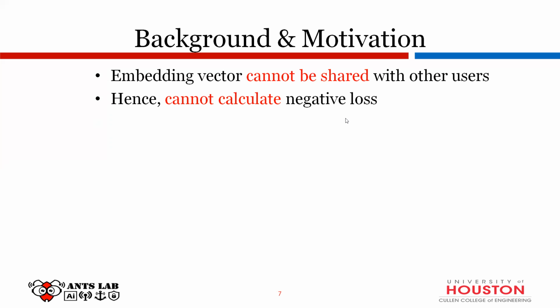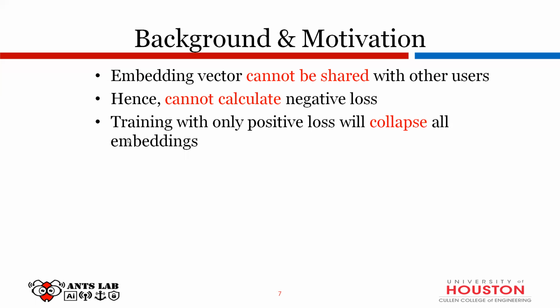So what happens if we ignore the negative loss when calculating the loss function? If we do the training with only positive loss, what would happen? We will collapse all the embeddings into one single point. What that means is that because there's only one variable in the formulation, the end result is obviously going to be loss equals 0, and all the results will just collapse.